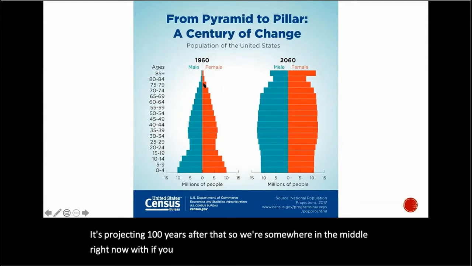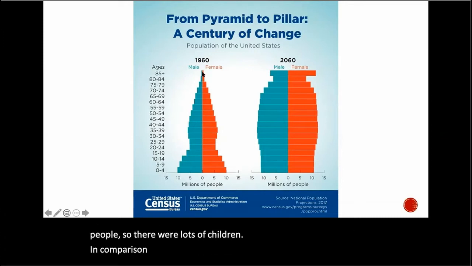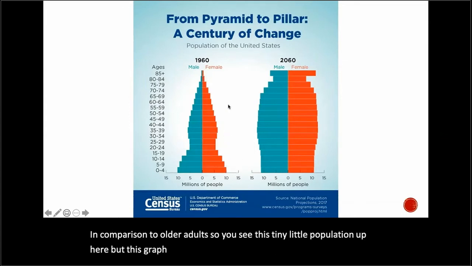And you see in 1960 how we had the widest part of this graph with regard to population and numbers was younger people. So there were lots of children in comparison to older adults. So you see this tiny little population up here. But this graph is starting to flatten out, if you will. So then it's projecting how this will look.